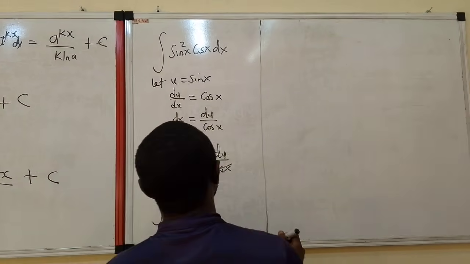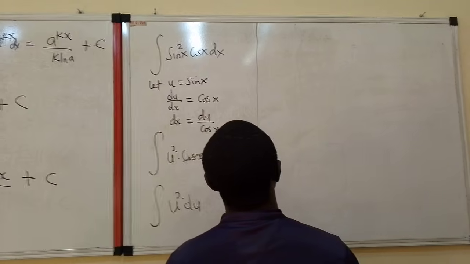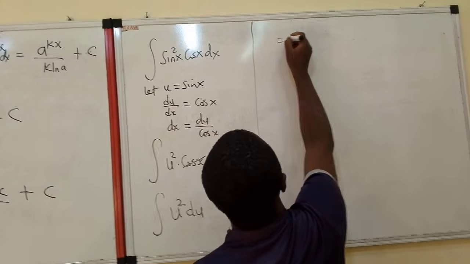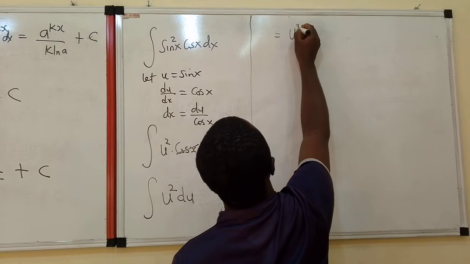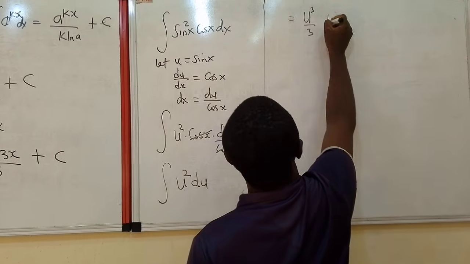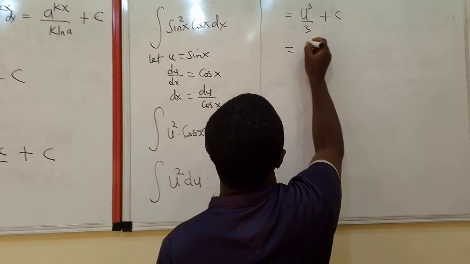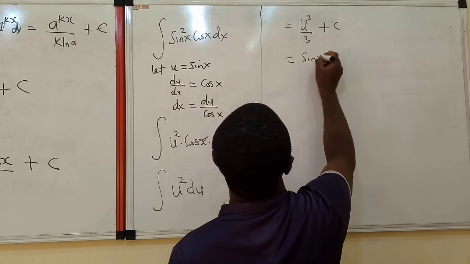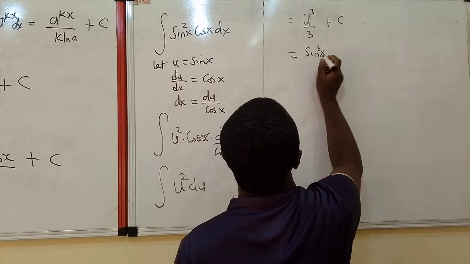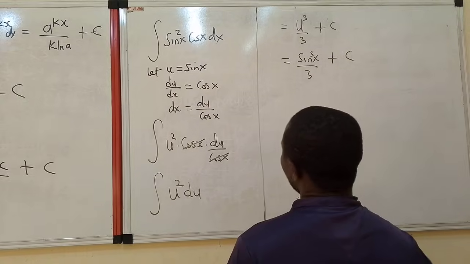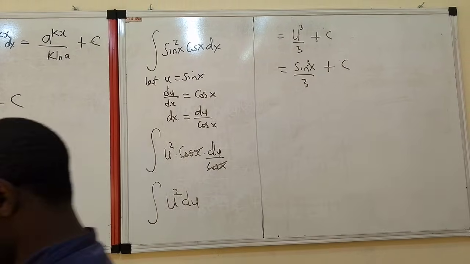This will give me u raised to the power of 3 over 3 plus c. What's my u? Sine x. So sine x raised by 3 over 3 plus c. That's my final answer.